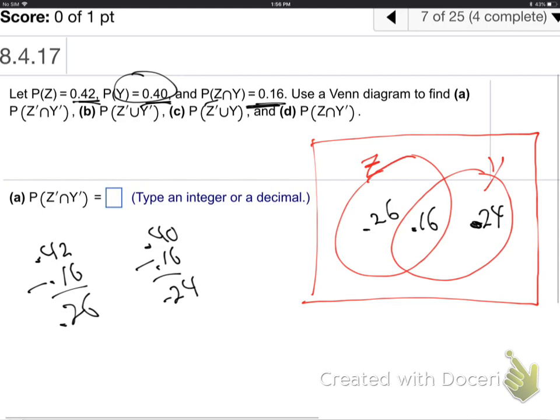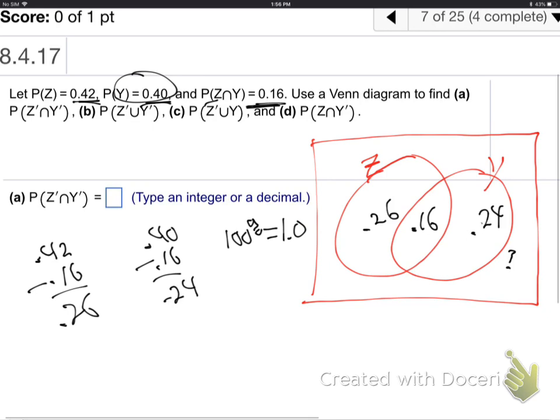And now, how do we get this outer edge out here? That comes from, remember, the whole box adds up to 100%, which I hope you know is the same as 1.0 decimal. We can either do this whole problem in percentages, or we can do the whole problem in decimals. Those are two languages to say part of a whole, aren't they? So I'm doing it in decimals, so I'll continue with decimals.